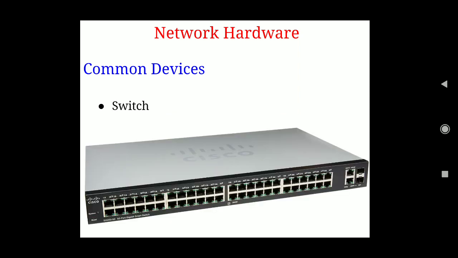Next is the switch. A switch is in functionality very similar to a hub, but it is called an intelligent hub. So a switch is an intelligent device. Now, intelligence in the sense that in the case of a hub, the signals received from a connected machine will simply be transmitted, or broadcast, to the rest of the machines.